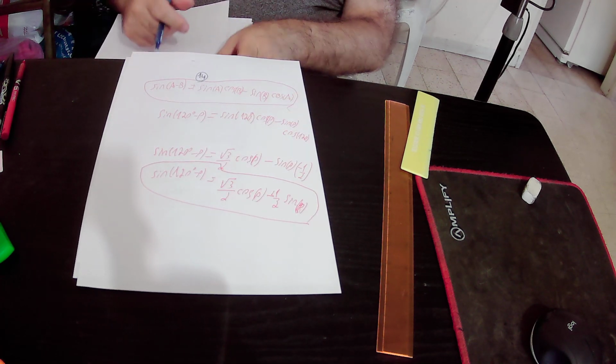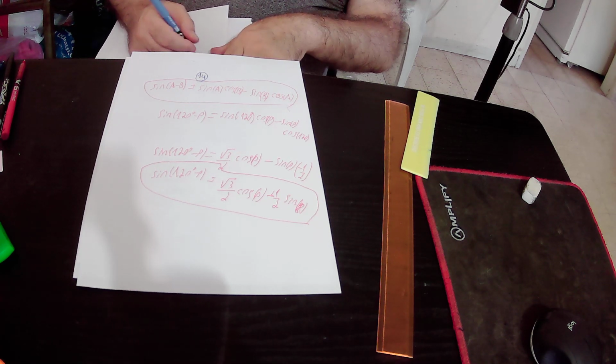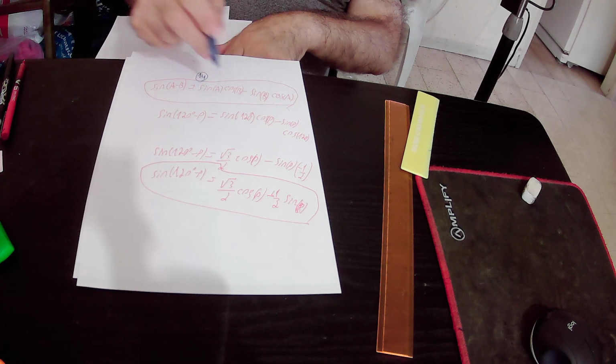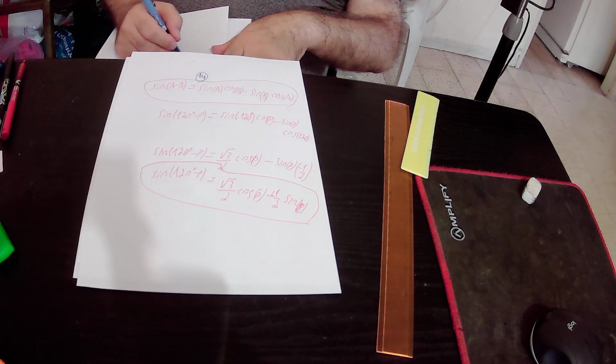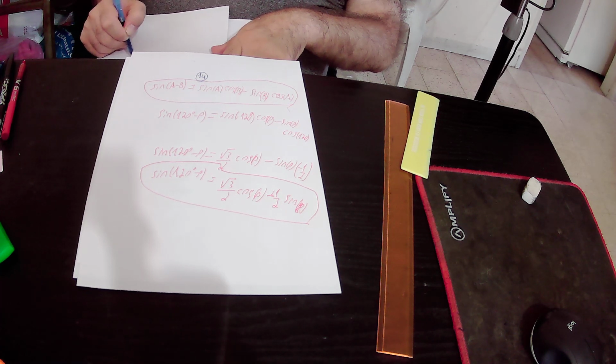We found that sine 120 degrees minus p equals root 3 over 2 times cosine p, and we must divide it by sine p, plus 1 over 2 sine p over sine p, all equals 15 over 8.